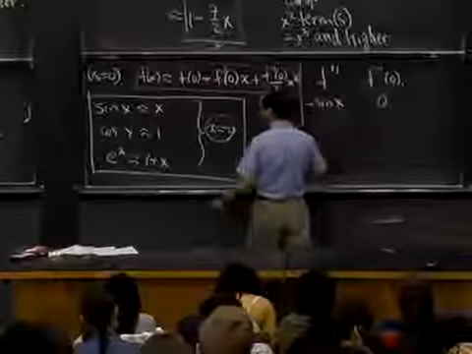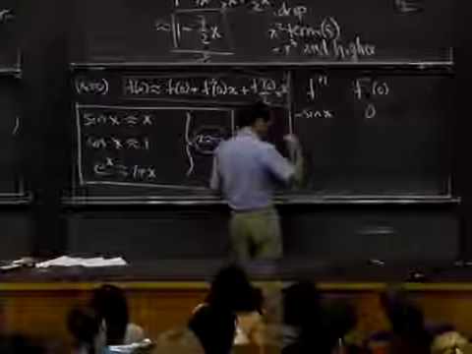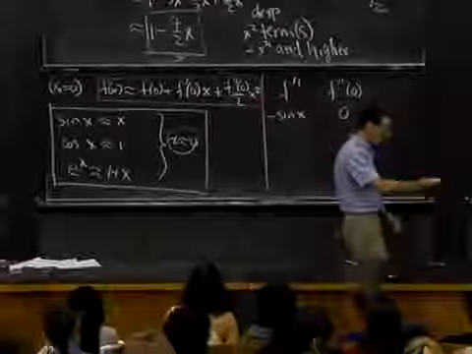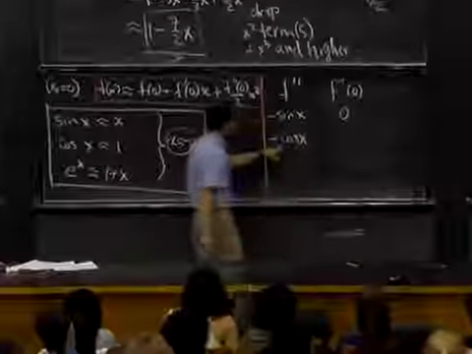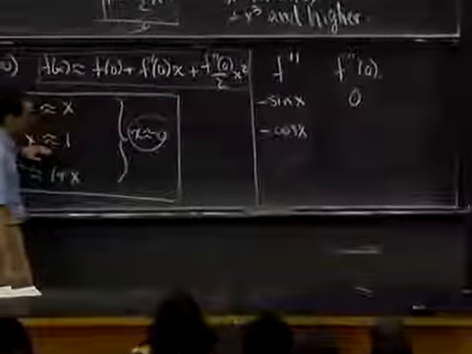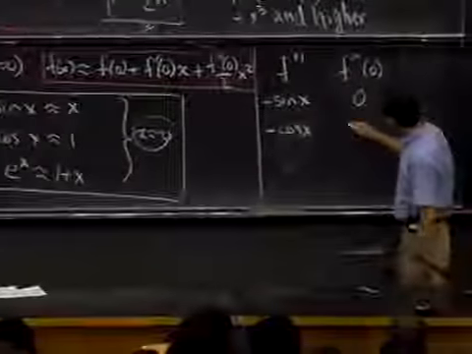For the cosine function, if you differentiate twice, the derivative is minus the sine, and the derivative of that is minus the cosine. All right, so that's f double prime. And now, if I evaluate that at 0, I get negative 1.